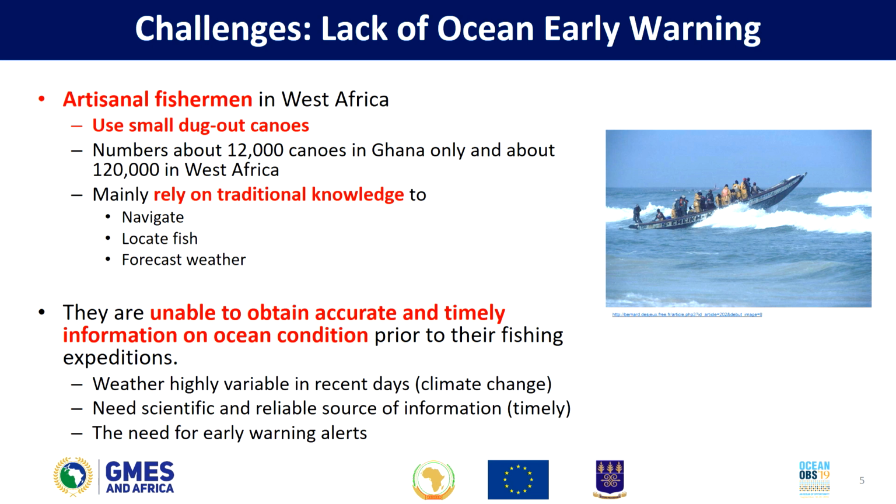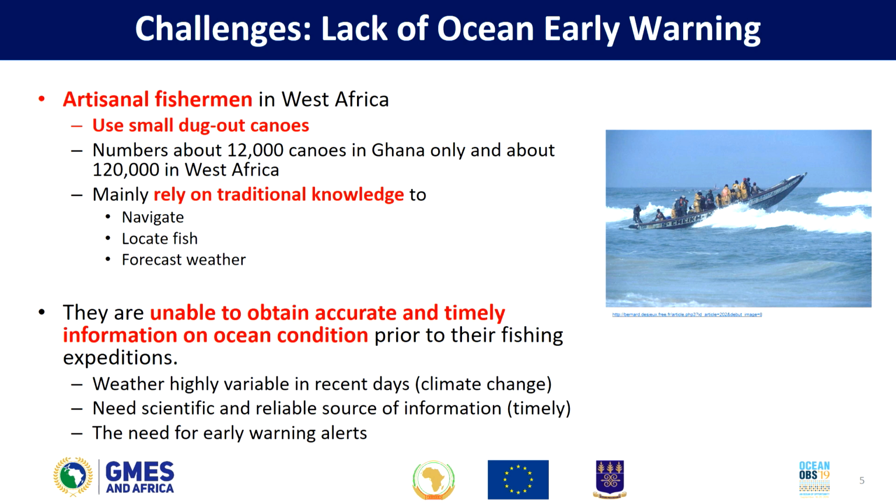The next challenge is lack of early warning information for our local artisanal fishermen. Our local fishermen use these kinds of boats, canoes, very small and dangerous out at sea. They usually go to sea and stay there for 2, 3, sometimes up to 4 or 5 days fishing.